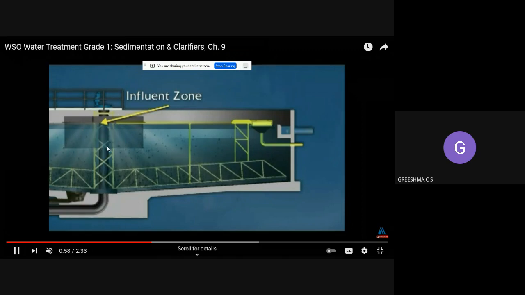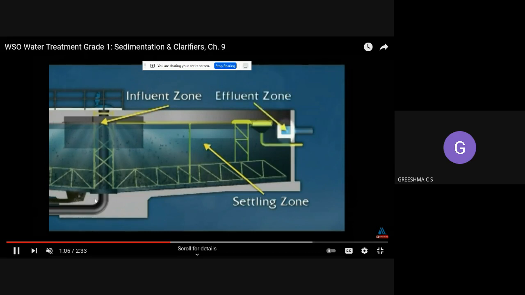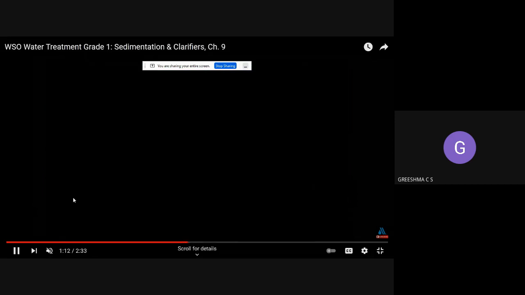So how are the sediment particles deposited and how is this collected? This is the influent zone. Through here water will be collected. The sludge particles, whatever particles are deposited, will be collected through the bottom.